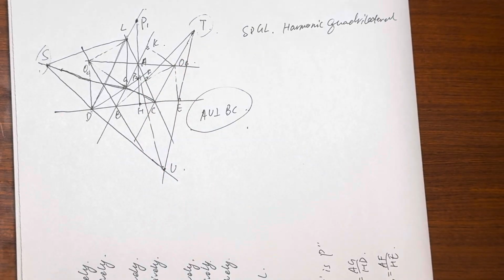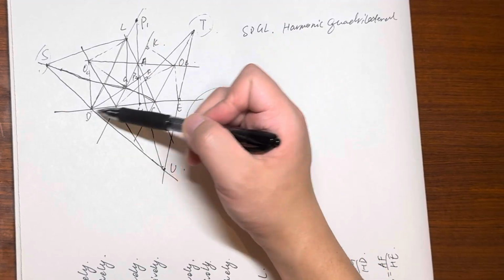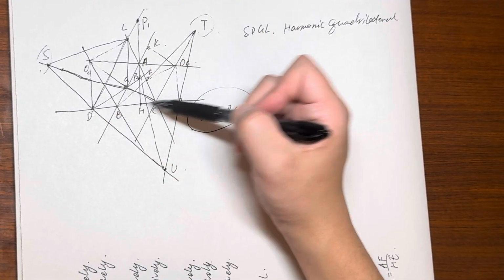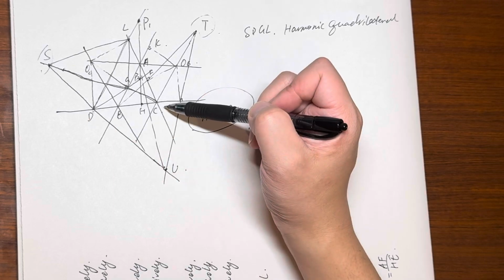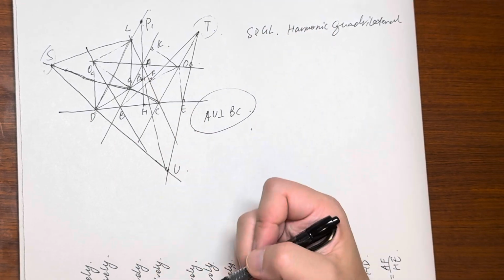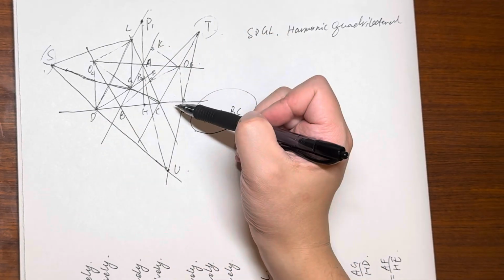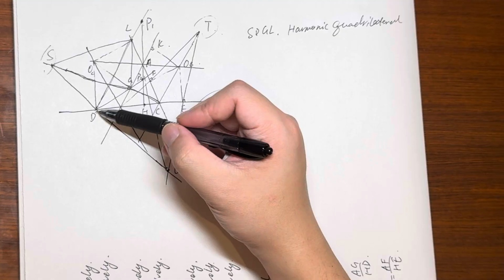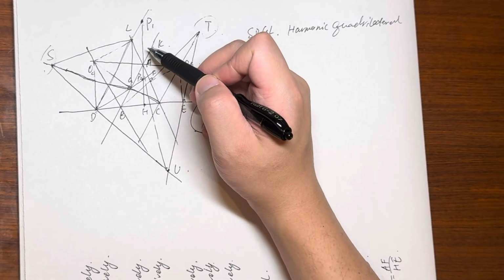In the first two properties, we just prove that AP1 is perpendicular to BC, and AP2 is perpendicular to BC as well, right? So we know that P1, A, P2, they are all this line is perpendicular to DC, right?